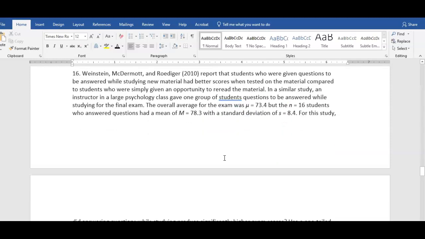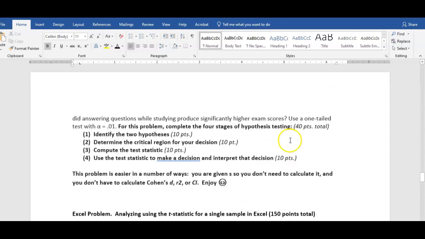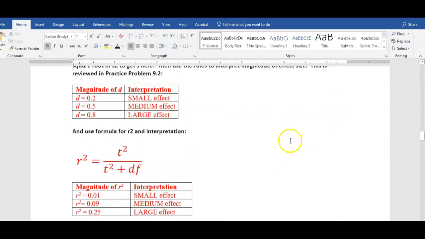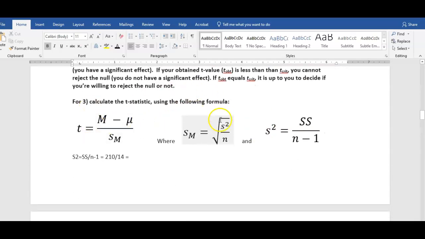The next problem is absolutely identical, but the only difference is you're actually given S, so you don't need to calculate it. Just use the other formulas above and plug in S where needed. So you're using the same t. You are squaring S provided, dividing by n, and then taking the square root to get your standard error of the mean of the sample.